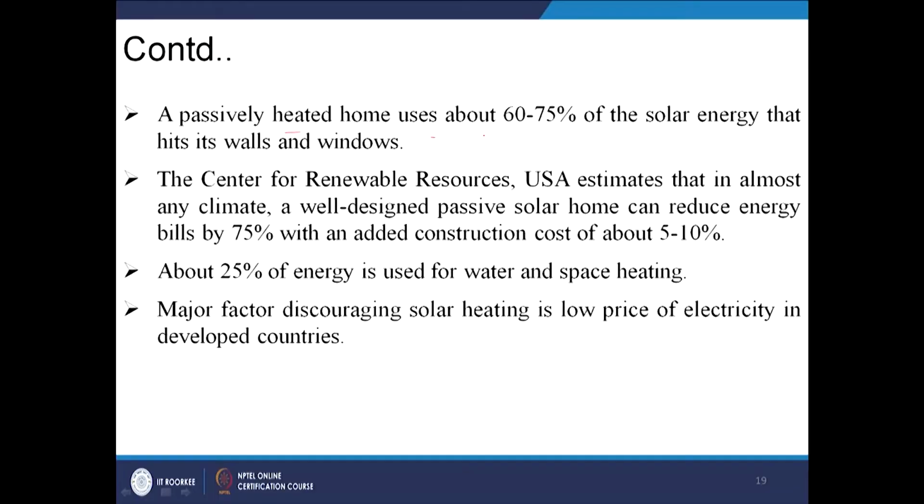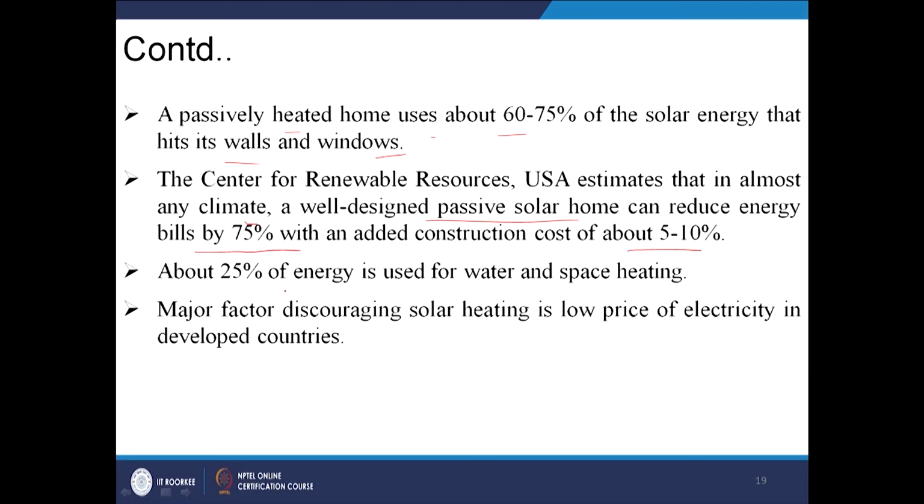By this design it has been reported that passively heated homes use about 60 to 75% of solar energy to heat their walls and windows. The Center for Renewable Resources USA estimates that in almost any climate a well designed passive solar home can reduce energy bills by 75% with an added construction cost of about 5 to 10%.